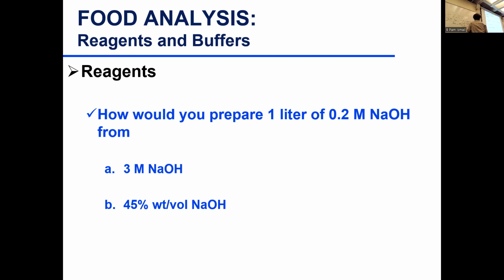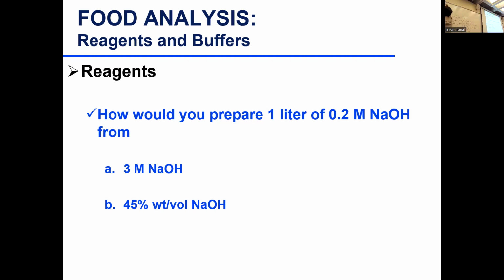So what does 45% mean when I say weight by volume? Can you convert that percentage to what it means? Yeah. Could you just do like 45 grams per 100 milliliters? Correct. So 45 grams per 100 ml. That's what 45% means.